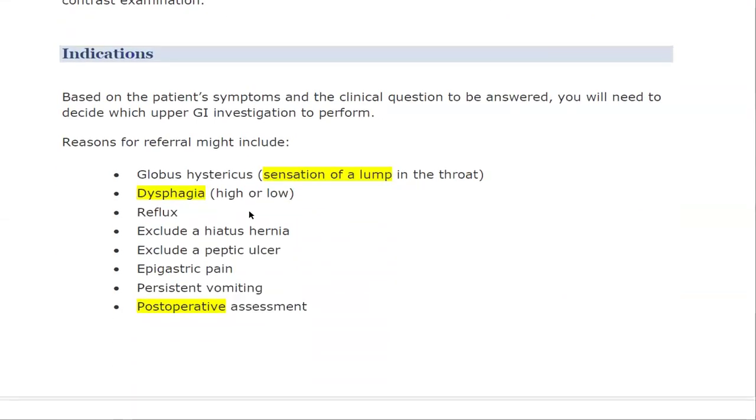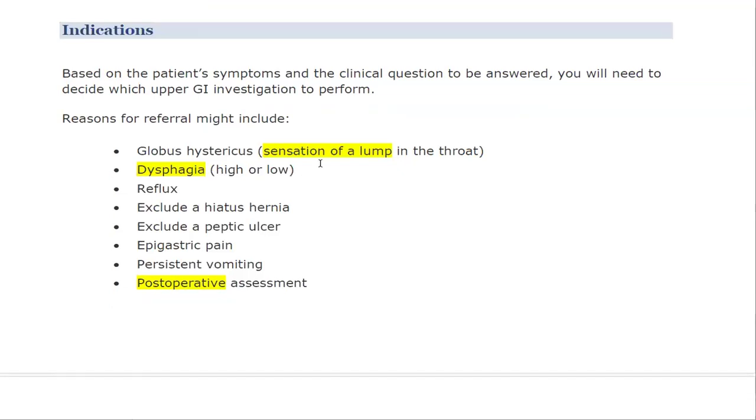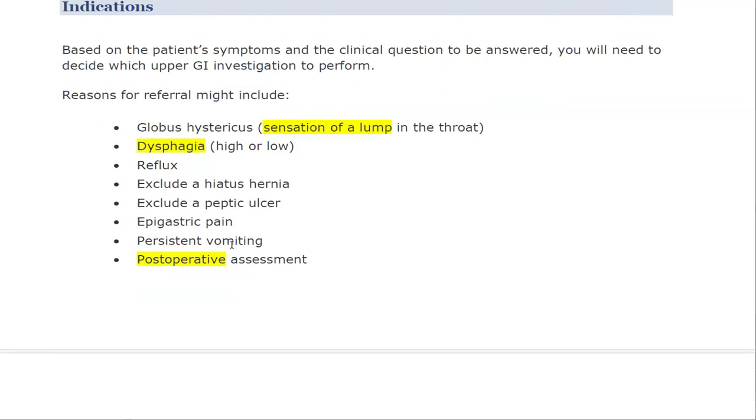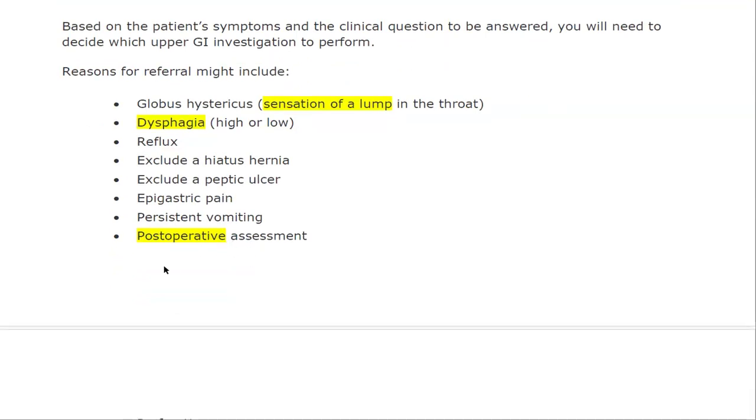So what are the indications for when we are going to use this one? Okay, if there is a sensation of a lump, dysphagia, reflux, hiatus hernia, to exclude peptic ulcer and gastric pain, and persistent vomiting, you will find the swallow and meal as the next investigation.